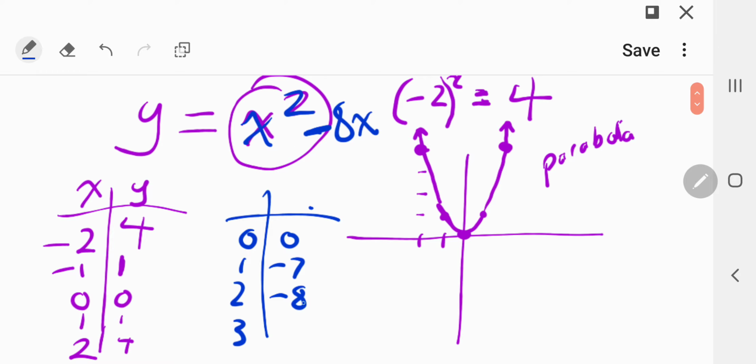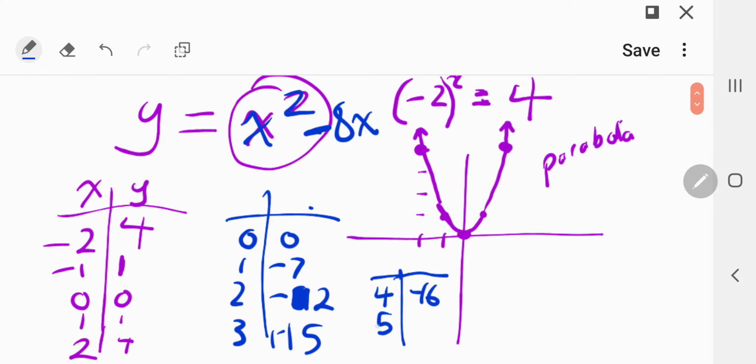The last one, 4 minus 16 is -12. 9 minus 24 is the next one, -15. I gotta keep going. This is so interesting. More T-chart. 4 squared is 16 minus 32. That's -16. I think we finally turned the corner.